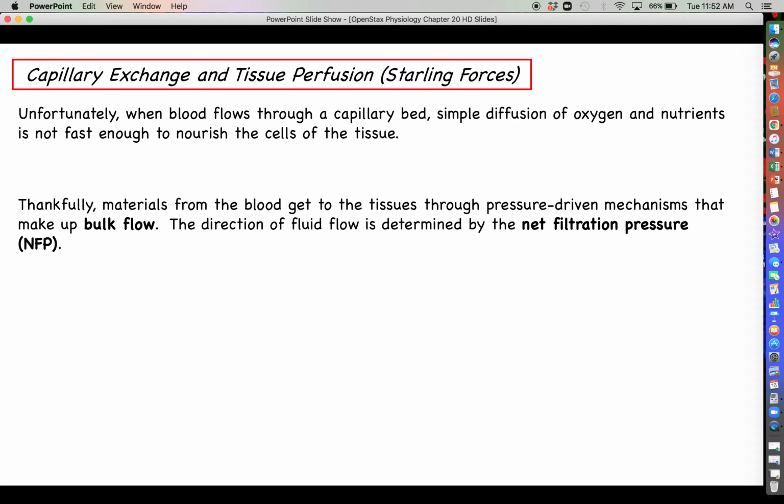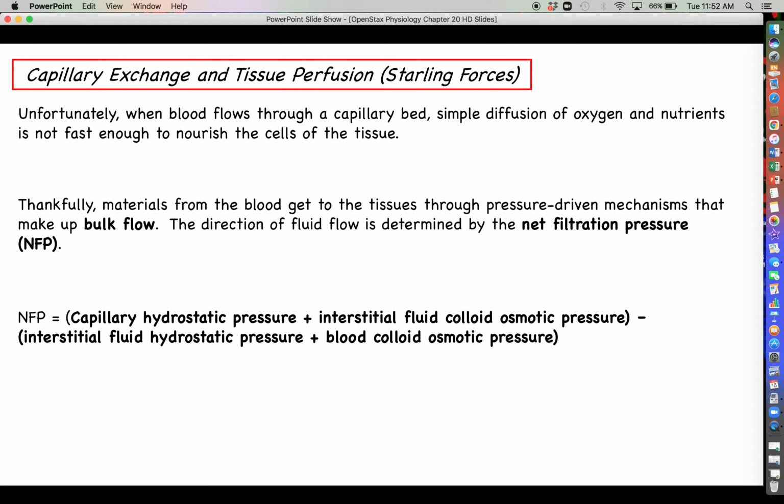Does it move from the blood into the interstitial fluid, or from the interstitial fluid into the blood plasma? You might be thinking, well, it has to be from the blood into the interstitial fluid, but in reality, the answer is going to depend on where in the circulation you are actually talking about.